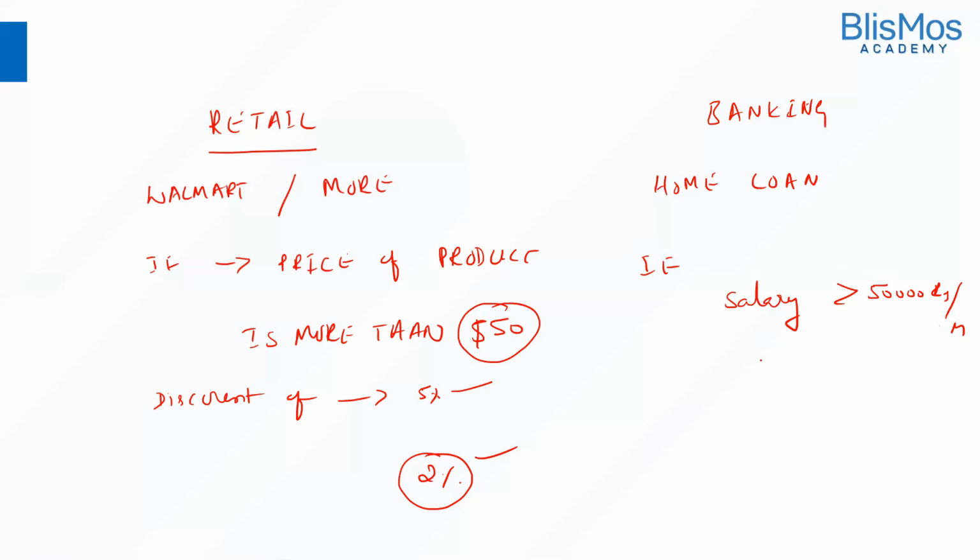Another condition should be that in the last 5 years, you would have filed the income tax returns. Provided these two conditions are met, provide the loan. If not, no loan. So this is one of the examples in the banking sector.